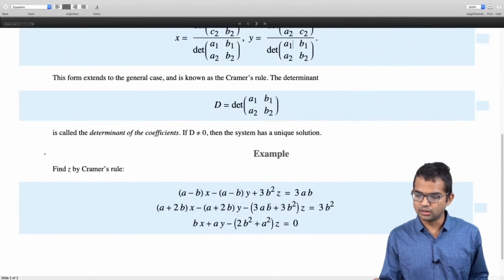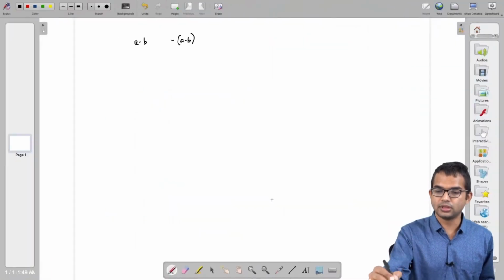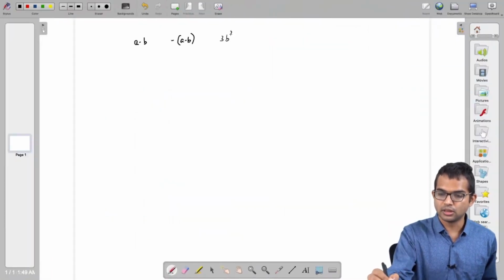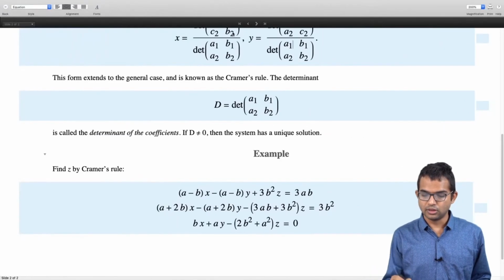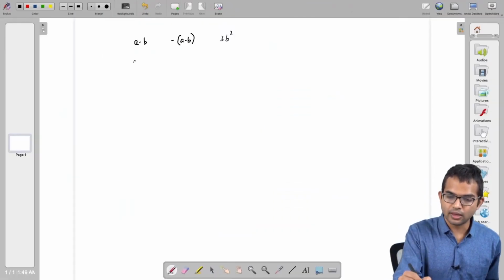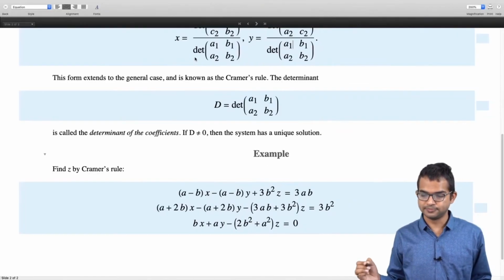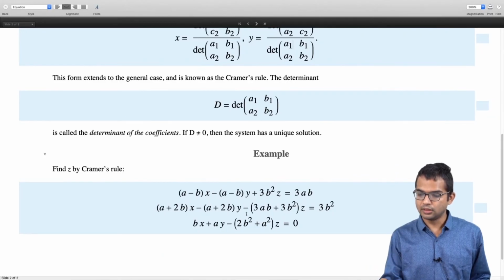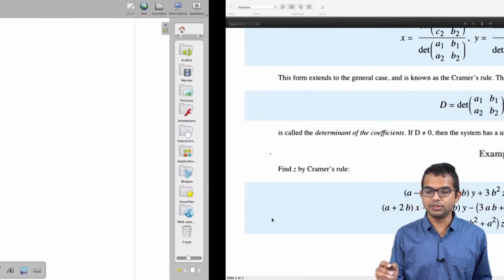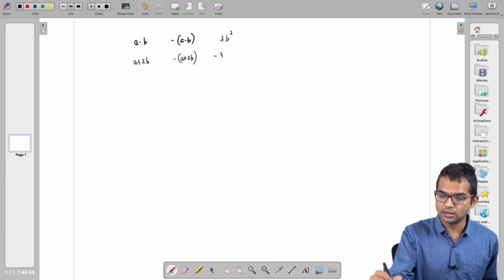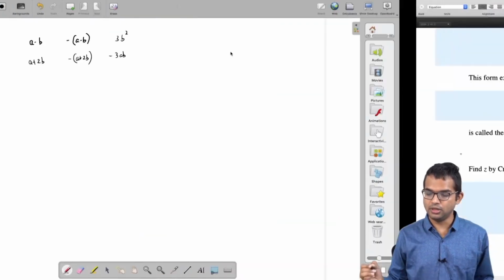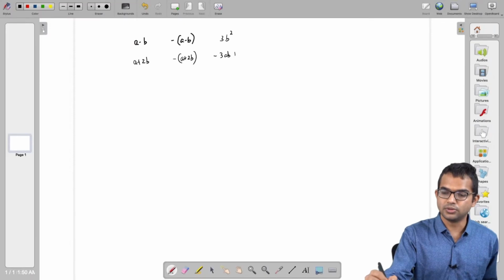Then I have 3b squared, and likewise I have a plus 2b minus a plus 2b, and then I have minus 3ab plus 3b squared, minus 3ab plus 3b squared with the brackets covering both terms.